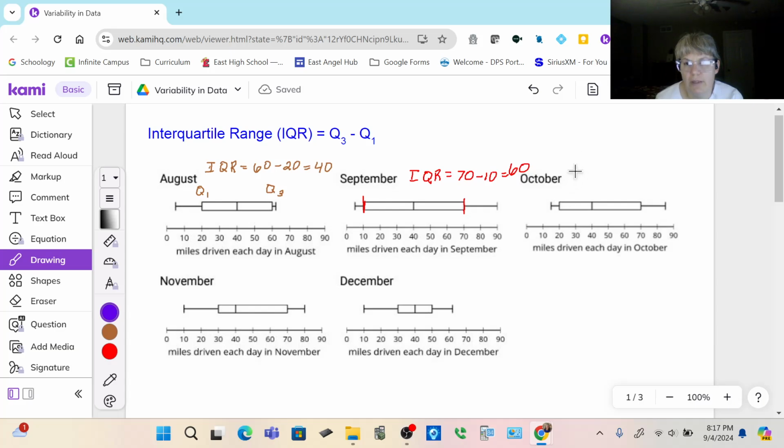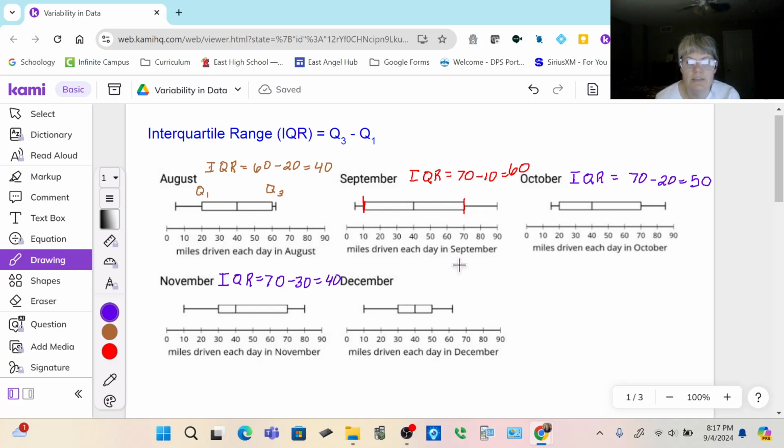For October, if I do the same thing, my interquartile range, my IQR, is going to be 70 minus 20, which is 50. If I look at November, my IQR is going to equal 70 minus 30, which is also 40.